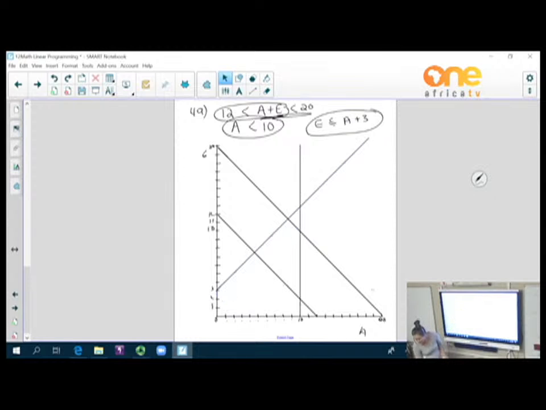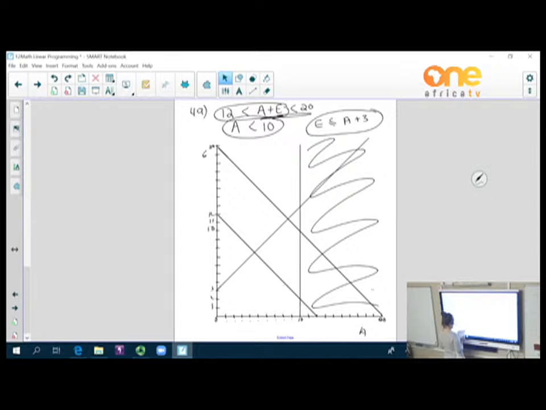Number B, we first have to shade the unwanted regions, leaving the region which satisfies. So Argentina is less than 10, so they will be on this side, which means this part is our unwanted area. Then we have England is less than or equal to Argentina plus 3. So this part will be unwanted.